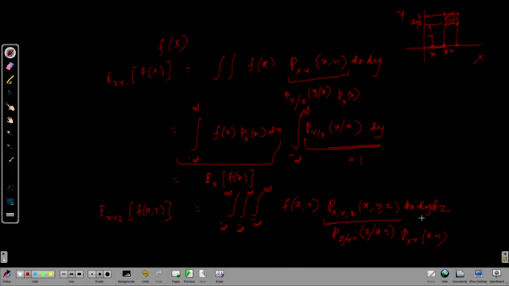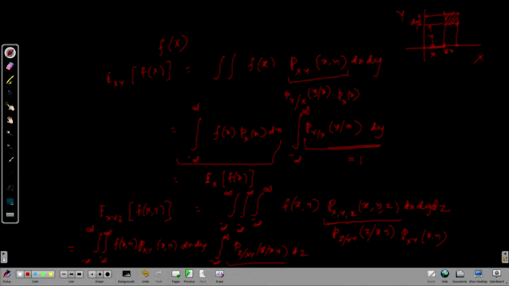What happens then? This integral I can write as outer integrals of f x y and this p with respect to dx dy, because they do not depend on z, and the inner integral with respect to z, that is small z dz.